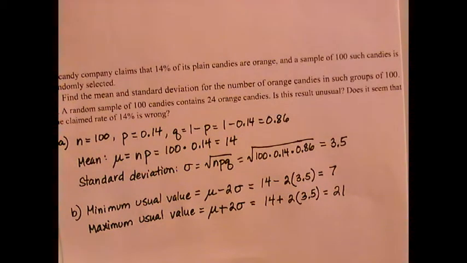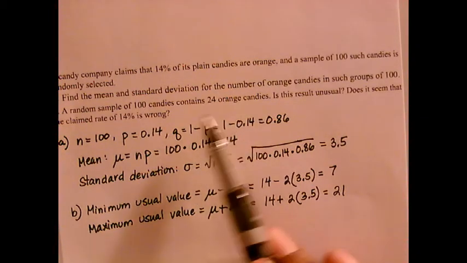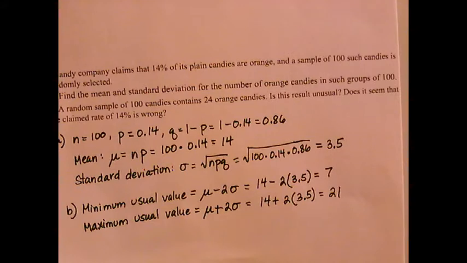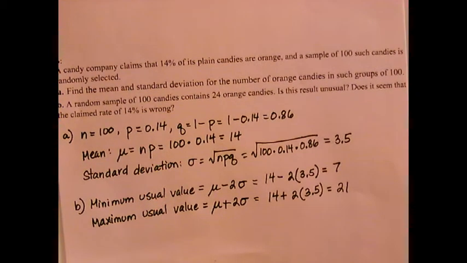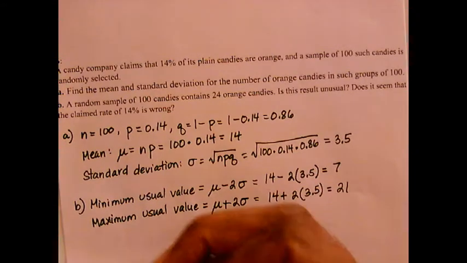So the minimum usual value is 7, and the maximum usual value is 21. Now, in that sample of 100 candies, there were 24 orange candies. Here, 24 is outside the usual limits of 7 to 21. So that result would be unusual.